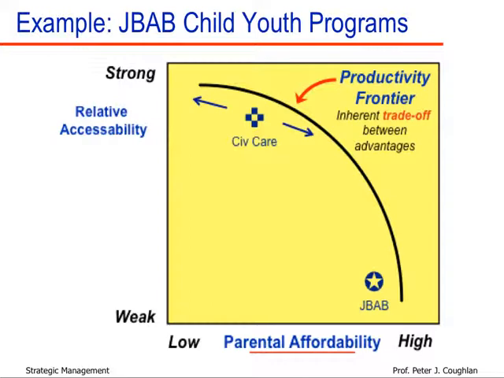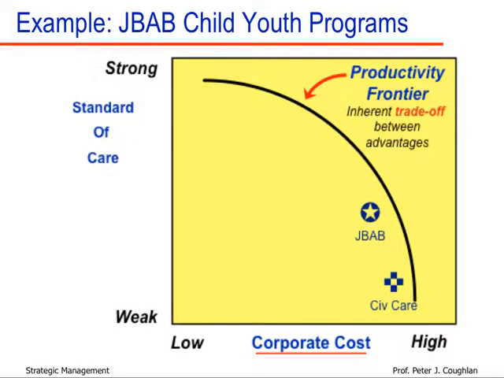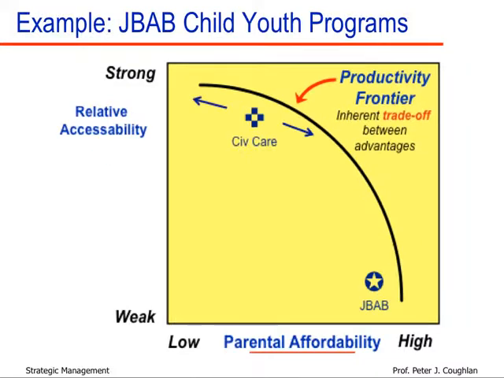Here's another example, the Joint Base Anacostia-Bolling Child and Youth Programs. Again, they included two different trade-offs here. One was relative accessibility, the youth programs at JBAB versus civilian options, relative accessibility versus parental affordability. Here's the standard of care versus corporate cost, again JBAB versus the civilian care.